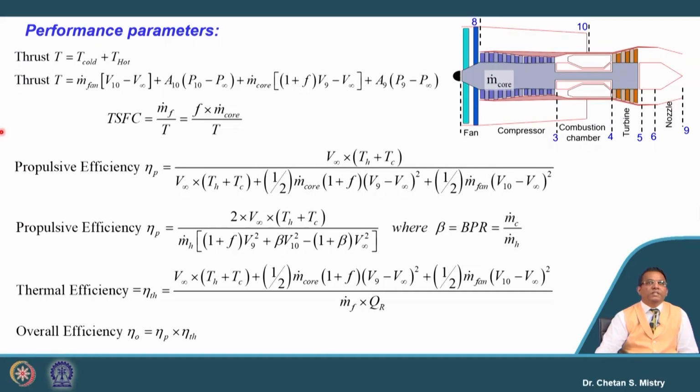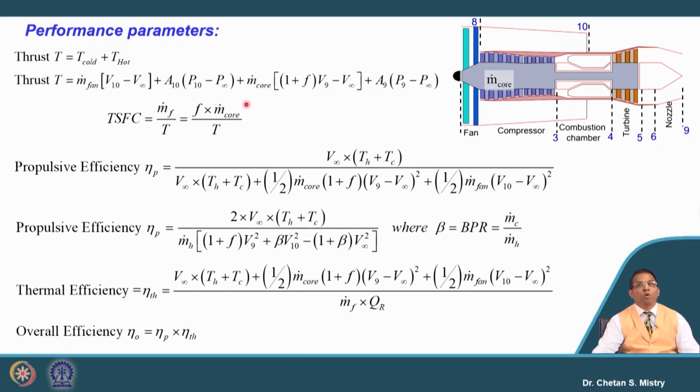Now, here in this case for the turbofan engine, my net thrust we write as cold thrust plus hot thrust. What do we mean by cold thrust? This cold thrust is because of the cold air coming out from the bypass duct and nozzle, and hot is what is coming out from our core engine.